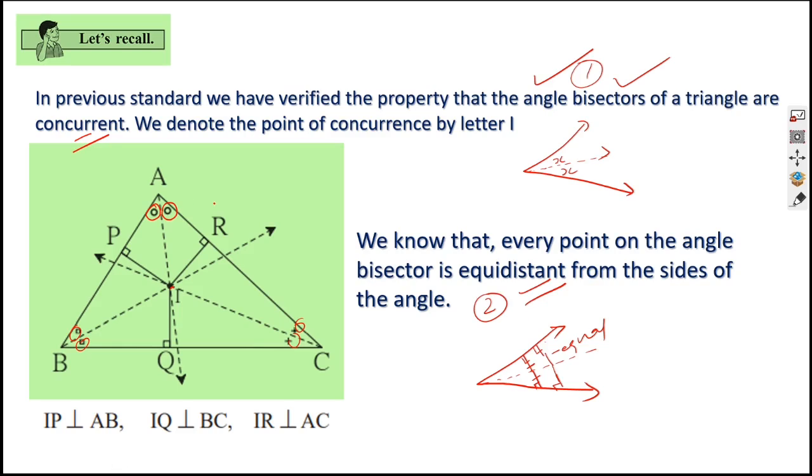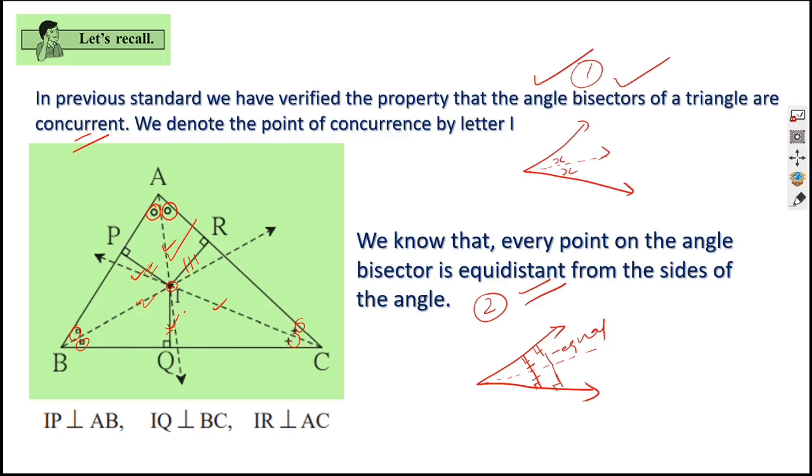In this case these are angle bisectors, the dotted lines. They meet at a point which is the concurrence or point of meeting, and these distances to the sides of the triangle, this is congruent to this because this is the angle bisector. This is congruent to this because this is the angle bisector.